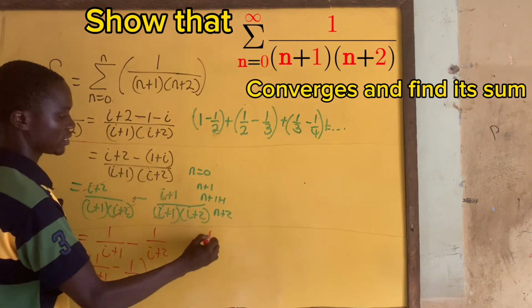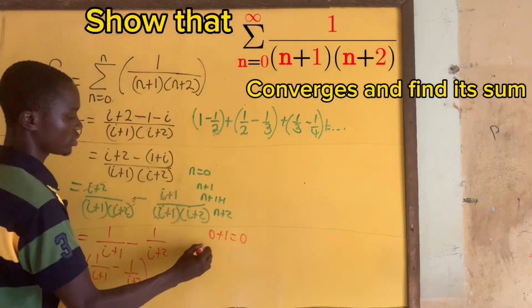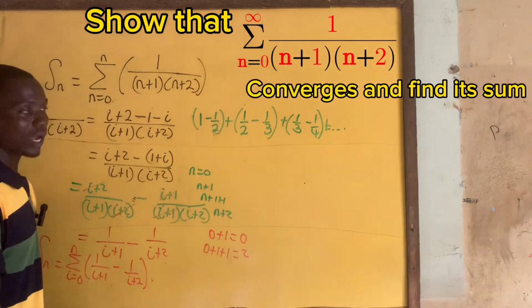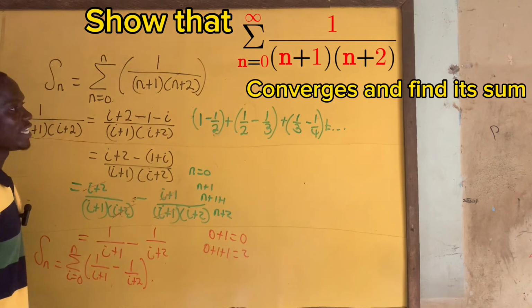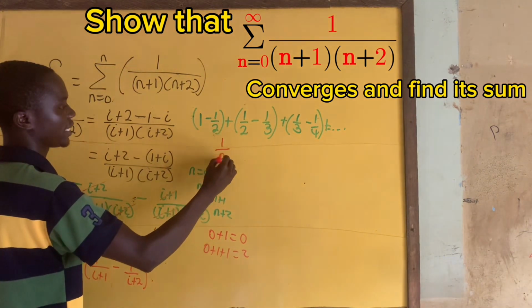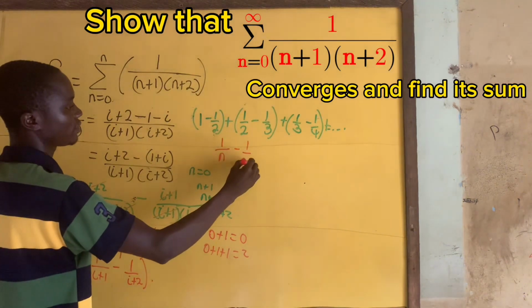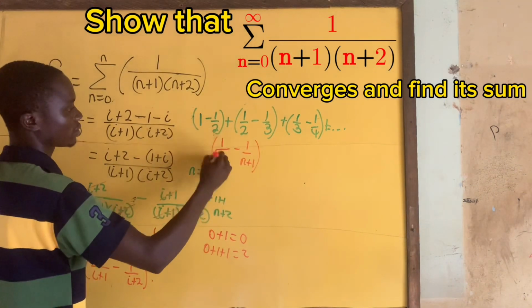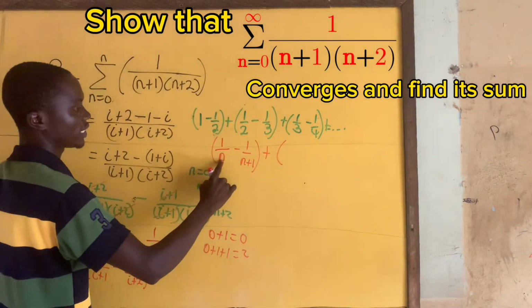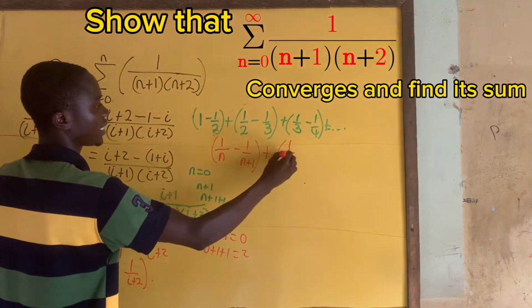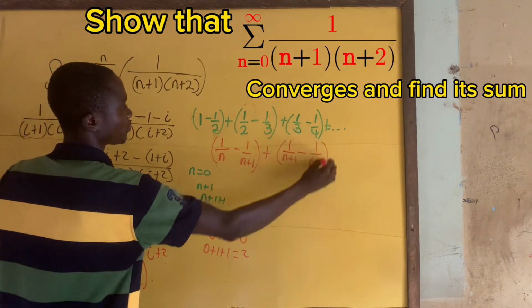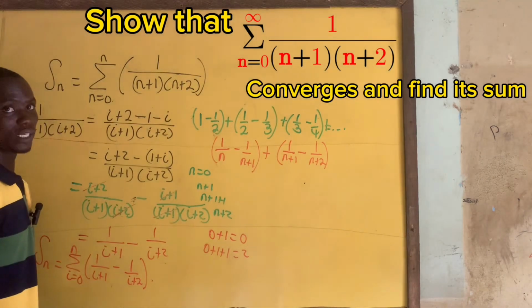So here, if we take n, we have 1 divided by n minus 1 divided by n plus 1, plus the next term, we add 1 to this. That will be 1 divided by n plus 1 minus 1 divided by n plus 2, in a very simple way.